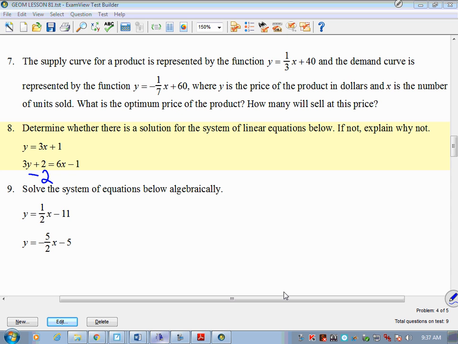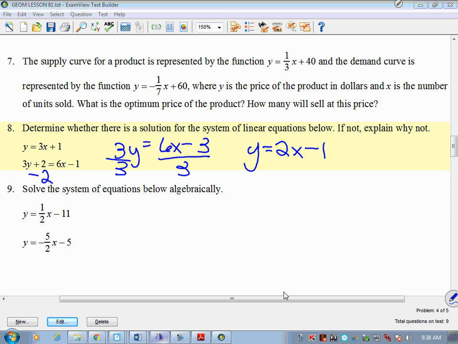Subtract 2. So you got 3y equals 6x minus 3? Is that right? Divide by 3. So I got y equals 2x minus 1. Negative 3 divided by 3 is 1.